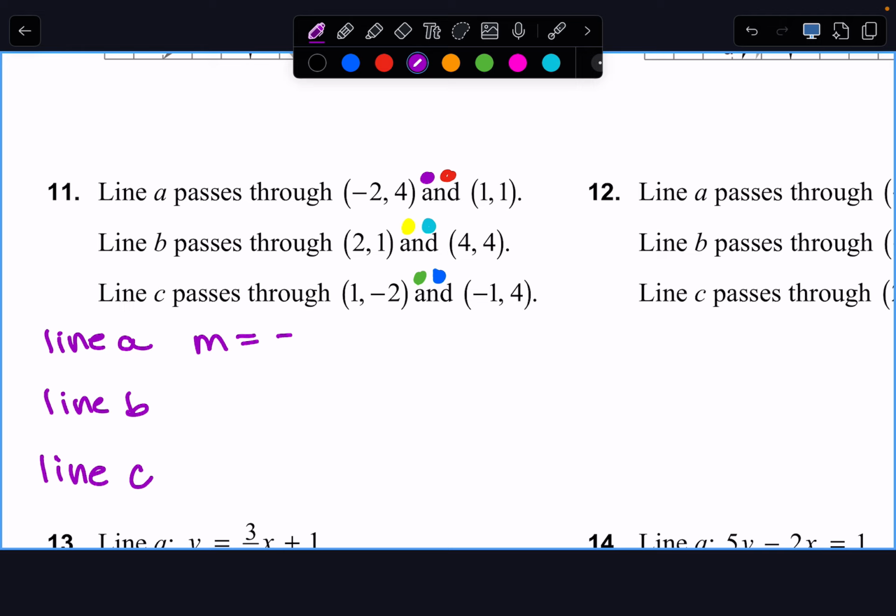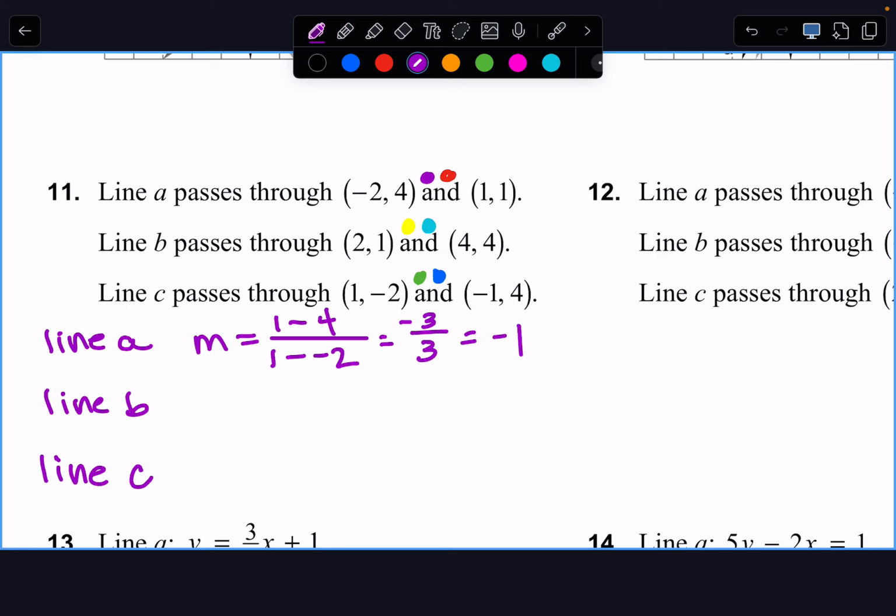Yes. So let's take 1 minus 4, right? Over 1 minus negative 2. So which is negative 3 over 3. Right? Yep. Which is negative 1.